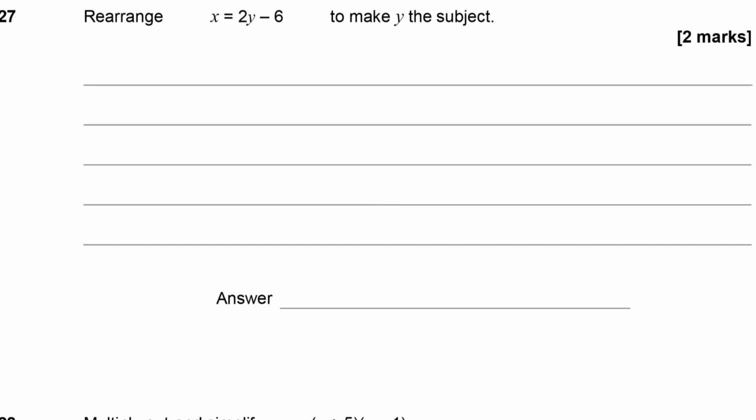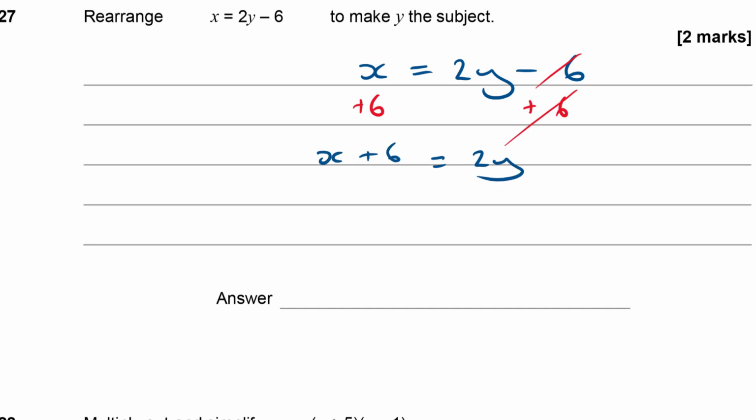Rearrange x equals 2y minus 6 to make y the subject. Okay, so I've given this. You can do this pretty similar to how you would solve an equation, just trying to get y by itself basically. So we can start by adding 6 to both sides. That bit will cancel with that, leaving you with 2y on the right, and then x plus 6 on the left.